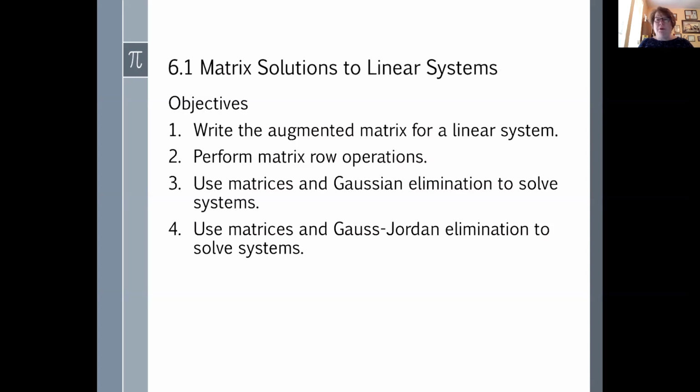That means we're going to put our augmented matrix in reduced row echelon form. Objectives 3 and 4, your calculator will do this. Your calculator will put an augmented matrix in row echelon form using Gaussian elimination, and it will put an augmented matrix in reduced row echelon form using Gauss-Jordan elimination.